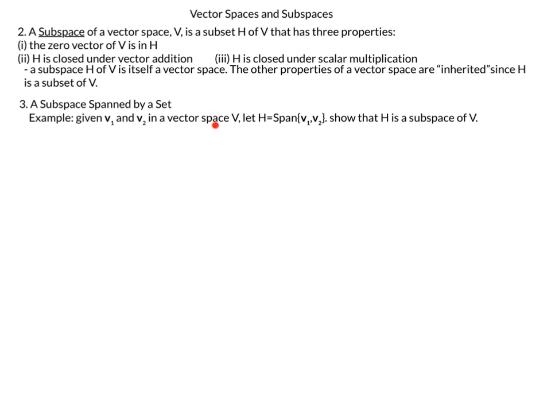Because we know V is a vector space, a lot of the commutativity and associativity is going to work, because those things work for any vector in V. So the only 3 things we need to show are the 0 vector is in H, H is closed under vector addition, and H is closed under scalar multiplication.